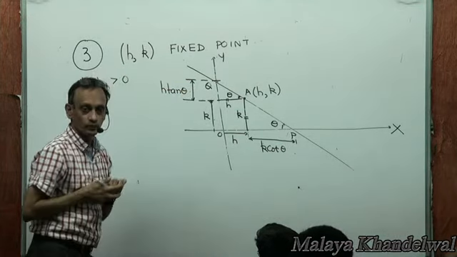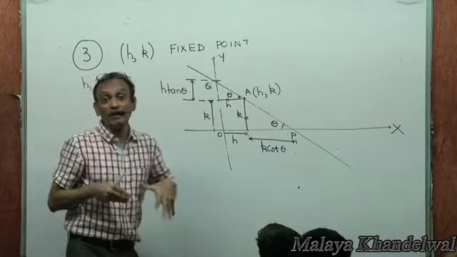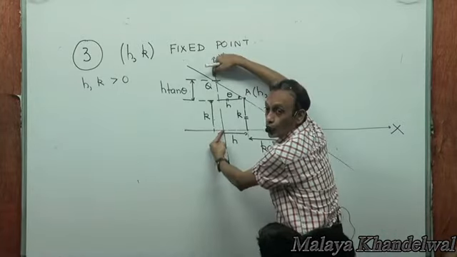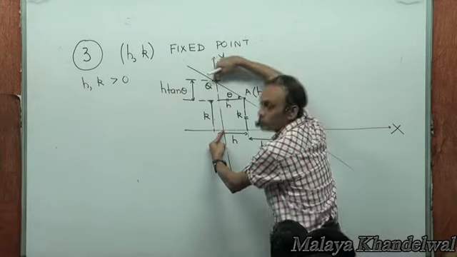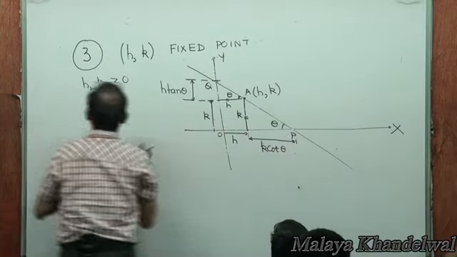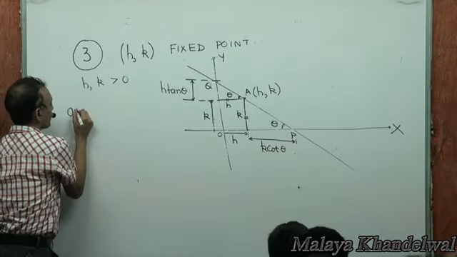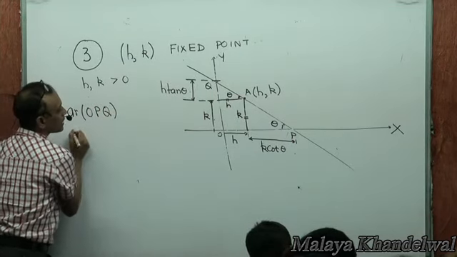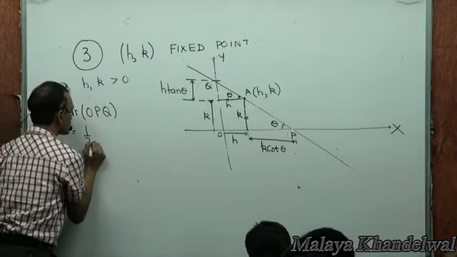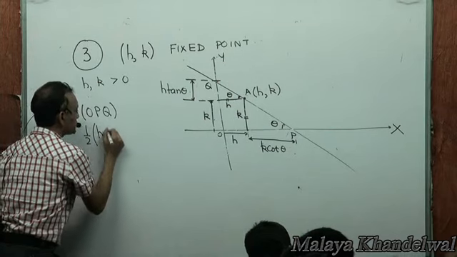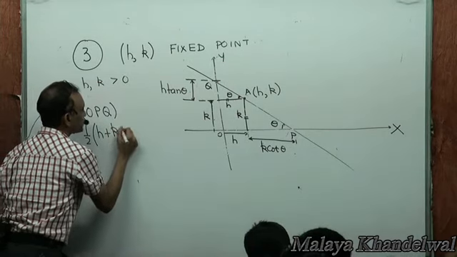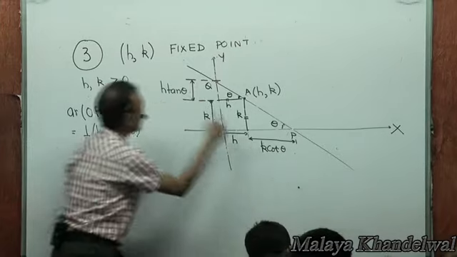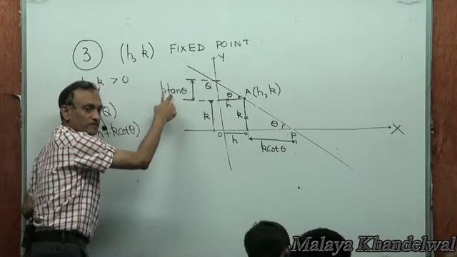Yes or no? So I can find the area of the triangle in terms of theta. Half of base into altitude, right? So area of OPQ is half of H plus K cot theta into K plus H tan theta.